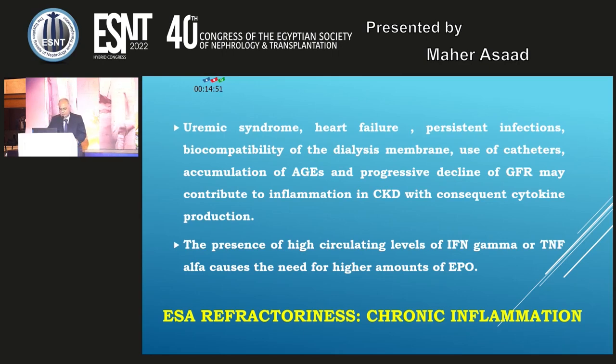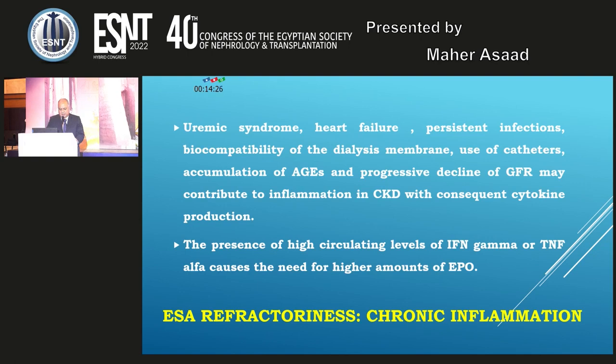Uremic syndrome, heart failure, persistent infections, biocompatibility of the dialysis membrane, use of catheters, accumulation of advanced glycation end products, and progressive decline of GFR may contribute to inflammation in chronic kidney disease with consequent cytokine production.